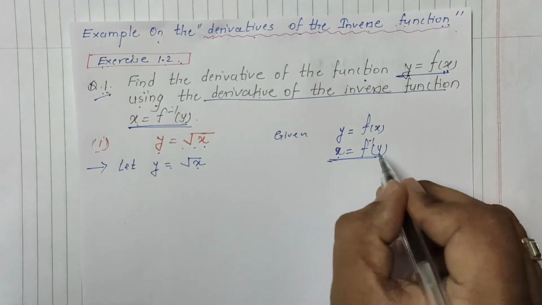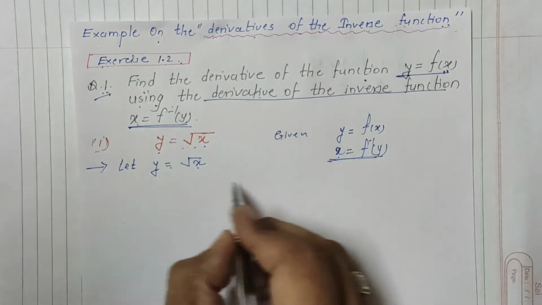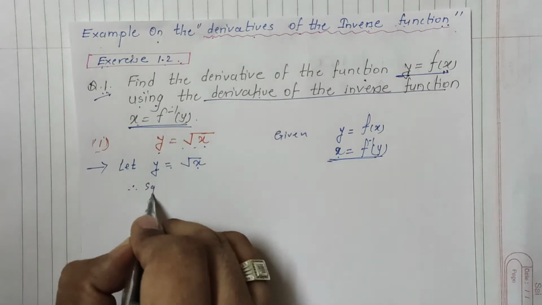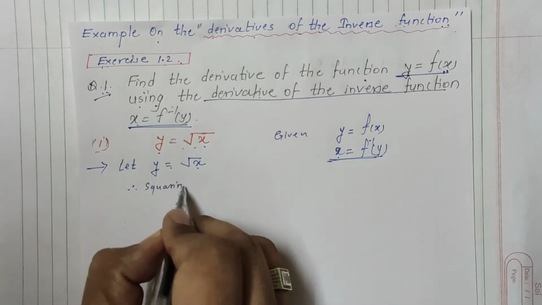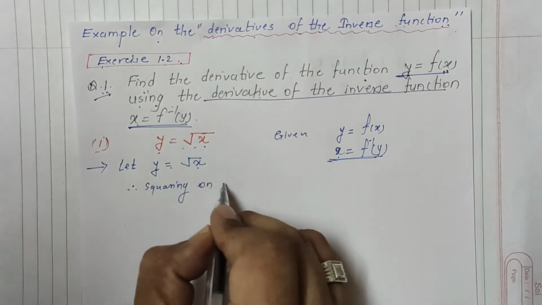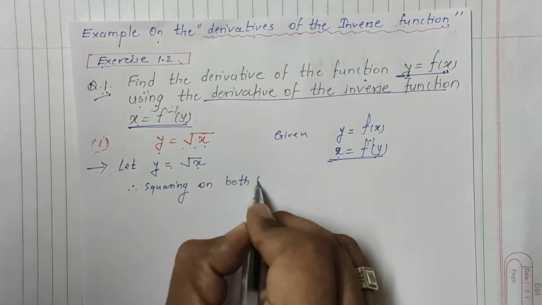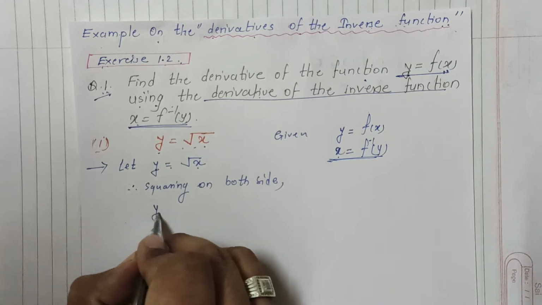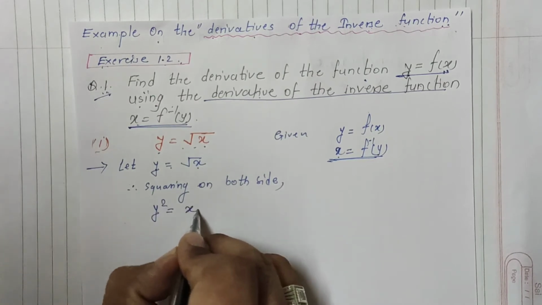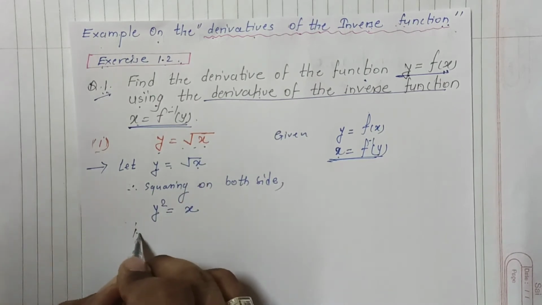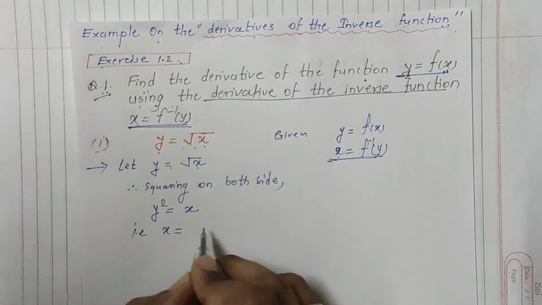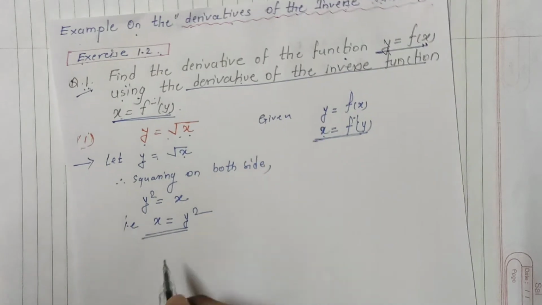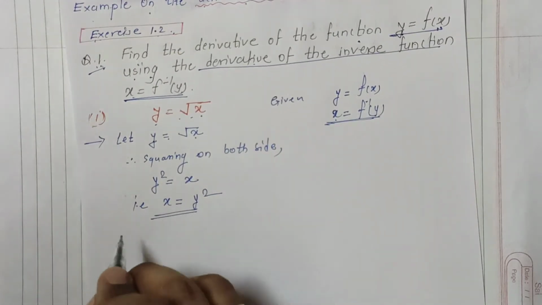We need to find the value of x in the form of y. So, squaring on both sides, y square is equal to root x square, which is x, that is we get x is equal to y square. So here you get x in terms of y.